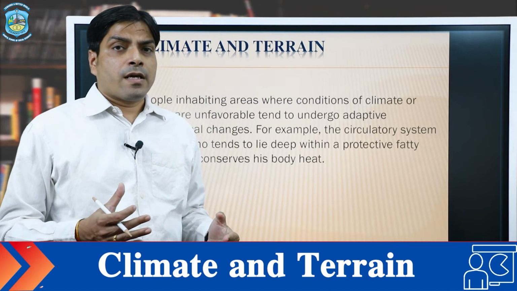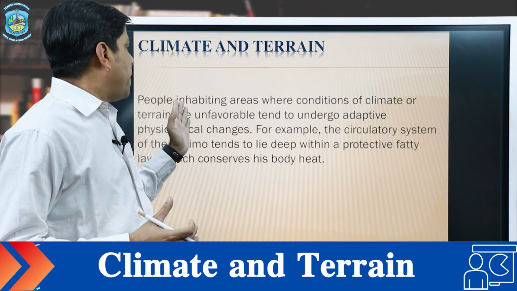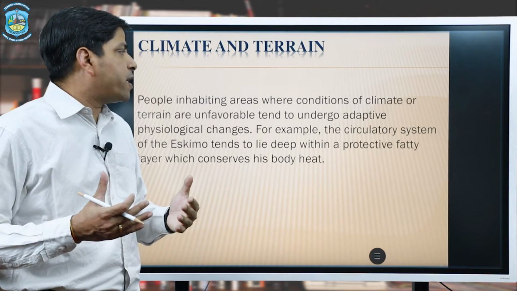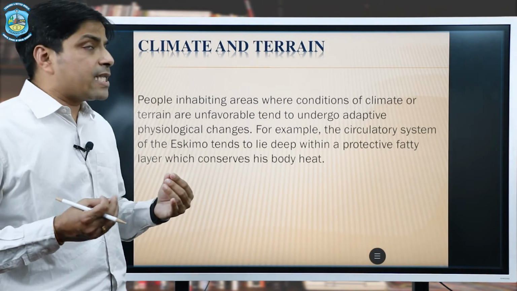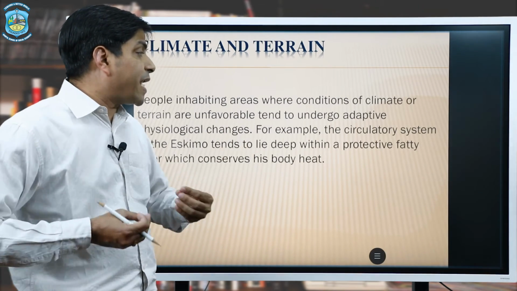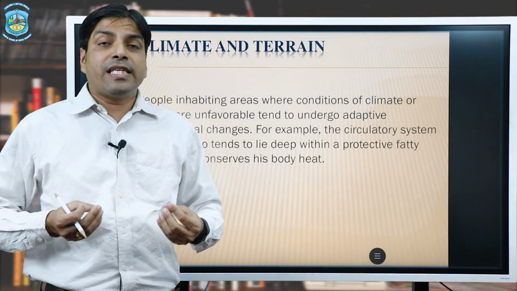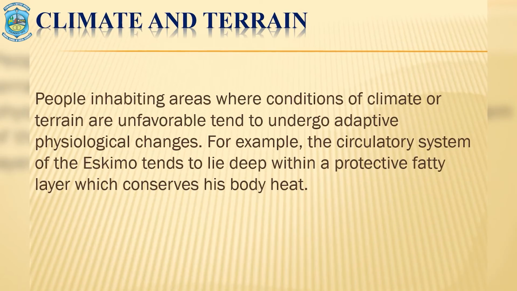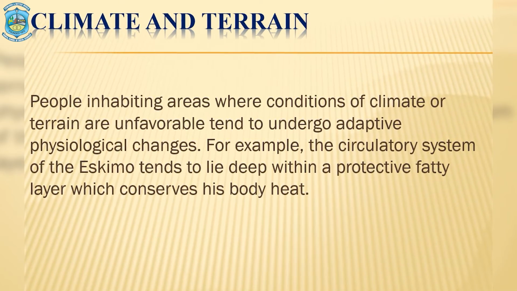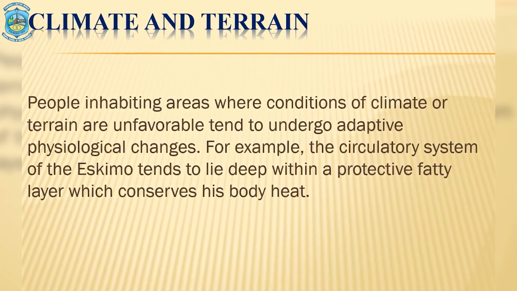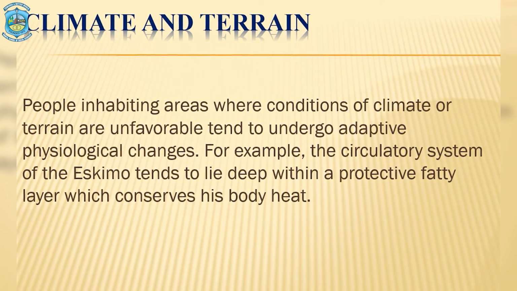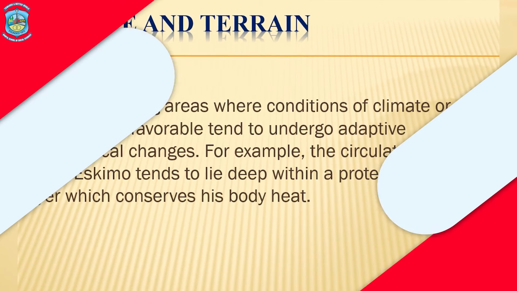As I told you, people living in unfavorable terrain tend to undergo adaptive physiological changes, like the circulatory system of the Eskimo, which tends to lie deep within a protective fatty layer that conserves body heat, and thus helps in their survival in adverse situations. These kinds of physiological changes do not take place in the body of an individual who is living in plain areas.